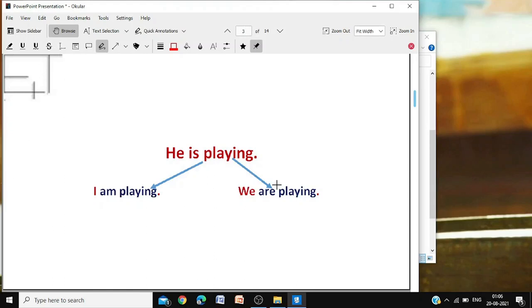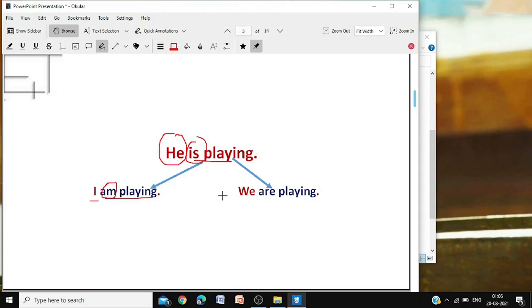Let us take a simple sentence. He is playing. Now let us change the subject, he. When he is changed to I, the verb is playing becomes am playing. In other words, is changes to am.